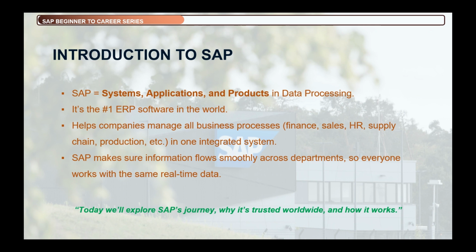Even the sales department and the finance department can see how many raw materials the procurement department has onboarded right now. According to that, the finance department can prepare their cash flows. Likewise, because of this integrated system, information flows smoothly across all departments and everyone can have up-to-date information using those system inputs.